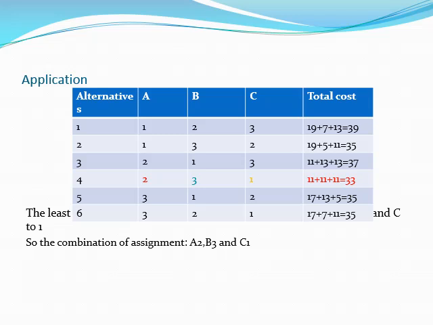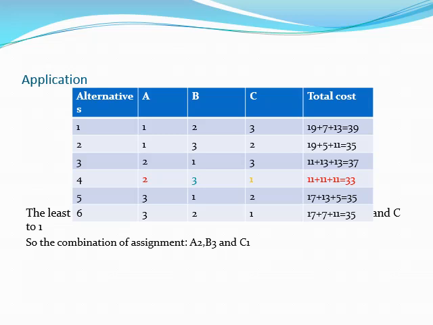Take for example alternative 4. If we assign A to implement job number 2, then it costs 11.